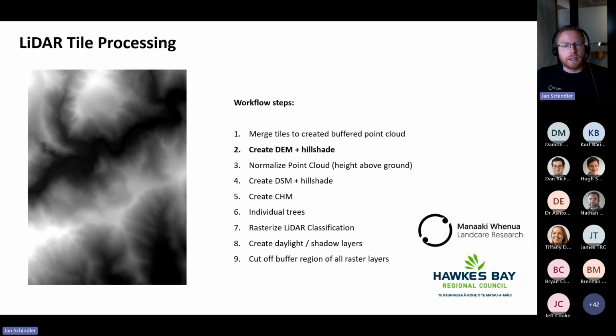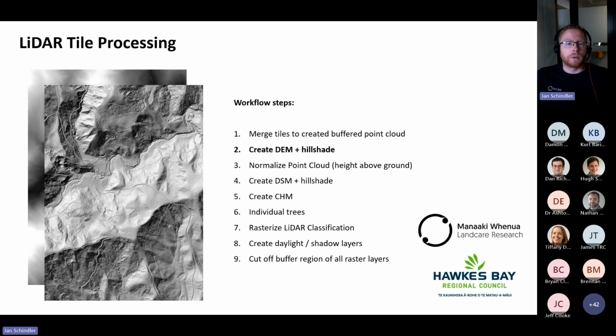And in this case, I don't tend to use the pre-computed elevation models from LINZ that are available on the LINZ data service, which are extremely useful for many applications. However, for vegetation analysis and some of my work, I really aim for the highest possible resolution that you can get out of LiDAR. So this is a 30 centimeter elevation model that you can see here.